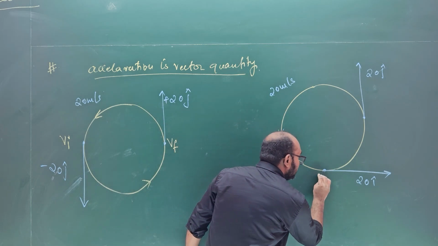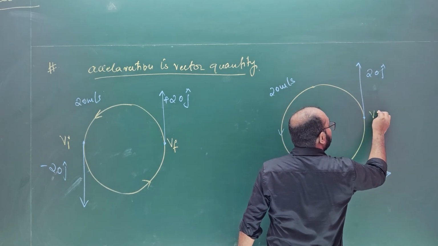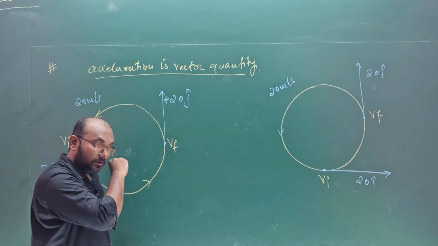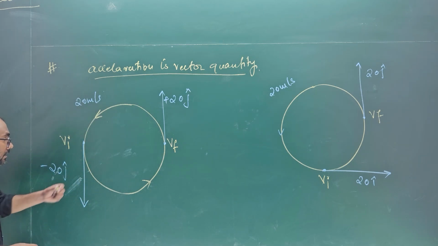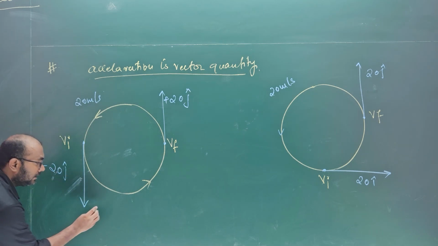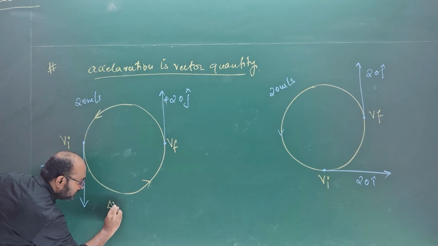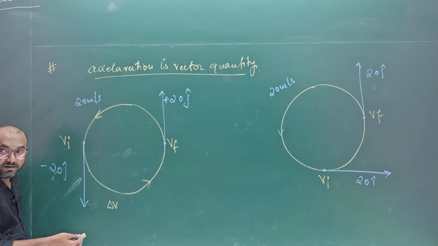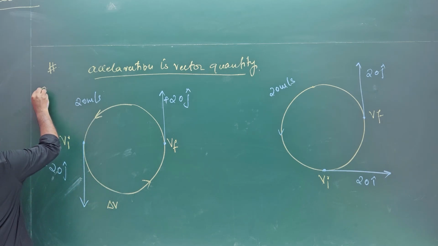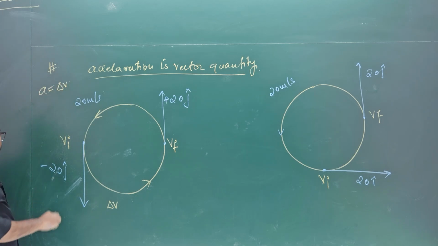Similarly, can I also say that this is your initial velocity and this is your final velocity? Okay, now tell me in this one, what is the acceleration formula? Acceleration is nothing but delta V. Acceleration direction is along delta V. Now, a is along delta V, in terms of only direction.